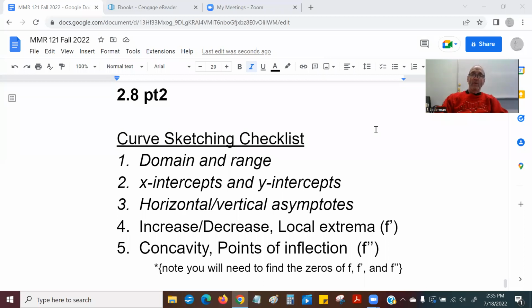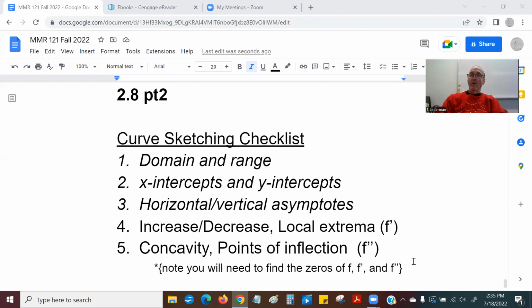Notice also that in finding all these things, we're going to need to find the zeros of f, f prime, and f double prime, because the x-intercepts are the zeros of f. The local extrema will happen at the zeros of f prime, and the points of inflection happen at the zeros of f double prime.